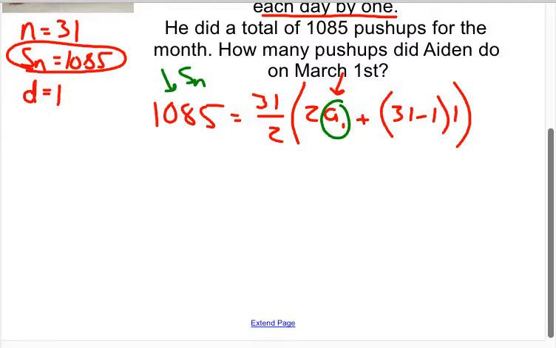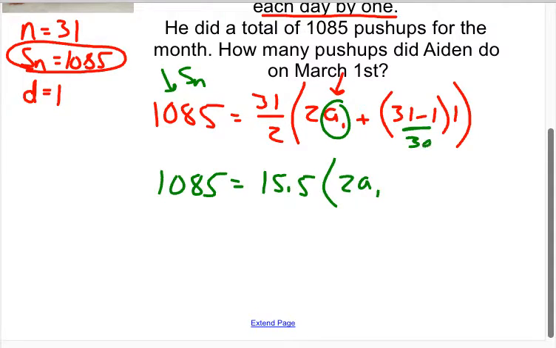So just simplifying this down and trying to solve here. 31 divided by 2 is 15.5 on your little calculator. 2 times a sub 1. This is going to give me 30 times the 1, so that's just plus 30. Now we're going to use the distributive property.